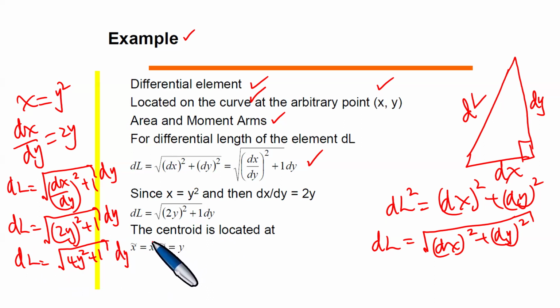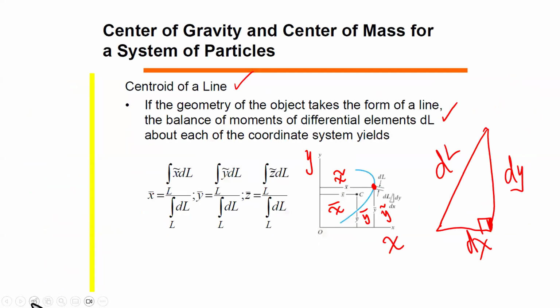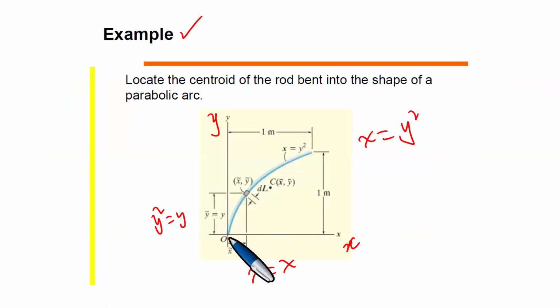Now, what is then the centroid, and what is the actual location of the centroid? You refer to the shape here, and note that in this example the examiner told us the actual position of the centroid, because this was arbitrarily chosen.